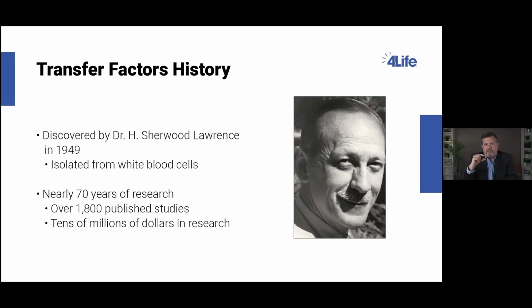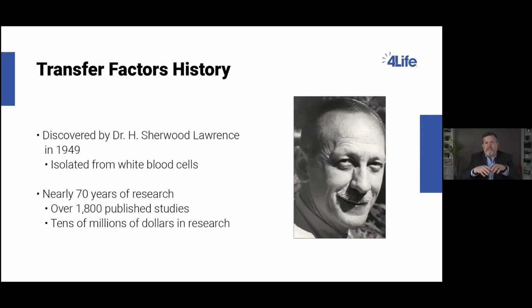And when he got down to a certain fraction of proteins, he discovered that this is where all of that activity lay. All those other fractions didn't seem to have that same transfer of information that this one fraction did. And he coined the term transfer factors. He had found these factors in white blood cells that could transfer immunity. And so that's where the name comes from. That's where these molecules were first discovered.